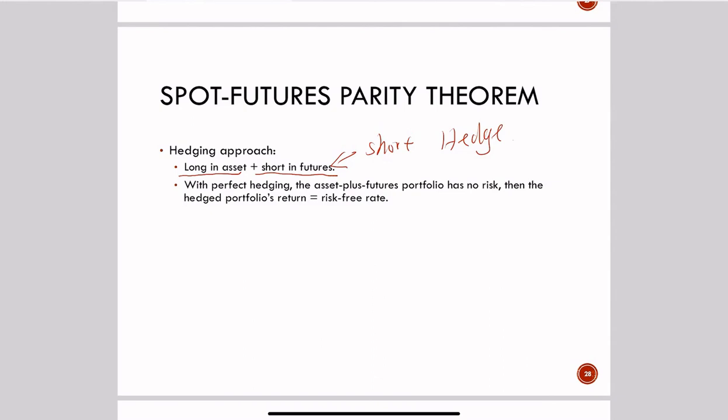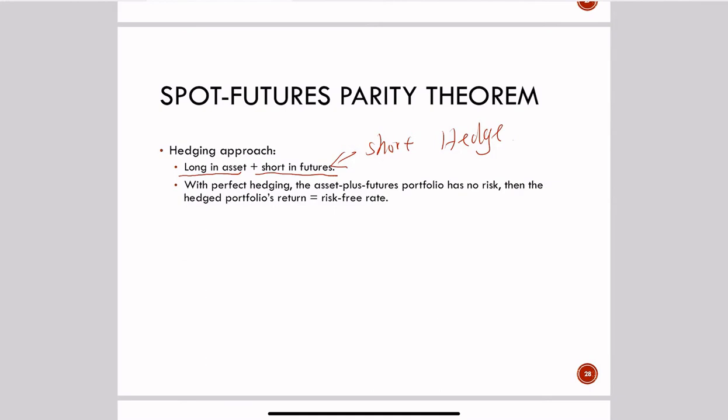I grow canola in Winnipeg and I want to sell canola in the next year. But I don't know what the possible price will be in the future. So I could take a position: I will short the canola futures contract. And let's say I have a futures price of $1,000 per ton.